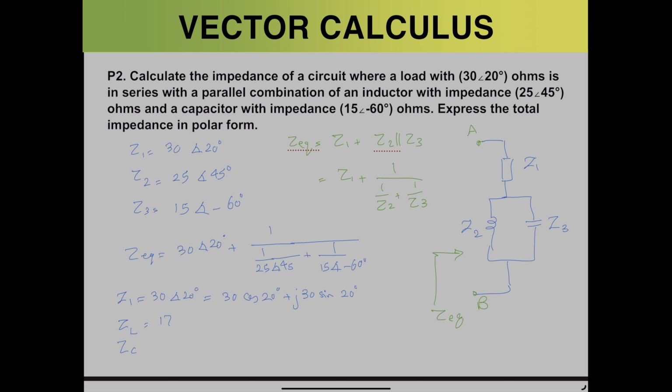In this case, it's going to be 17.6 plus j 17.6, and ZC would be 7.5 minus j 12.99. So we can see that using these two, we can simplify the denominator, as in the denominator we have 1 over ZL plus 1 over ZC.